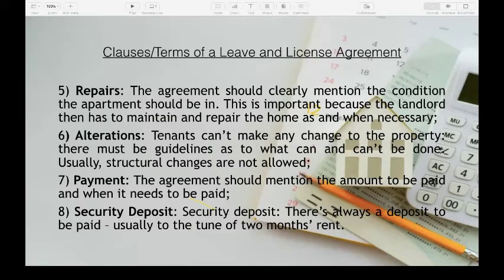Why 11 months? Because any agreement exceeding 11 months has to be registered under law. So you incur stamp duty and registration charges, whereas a rent agreement of 11 months will not incur any extra charges as such. People who are looking for short term arrangements usually enter into rent agreements.